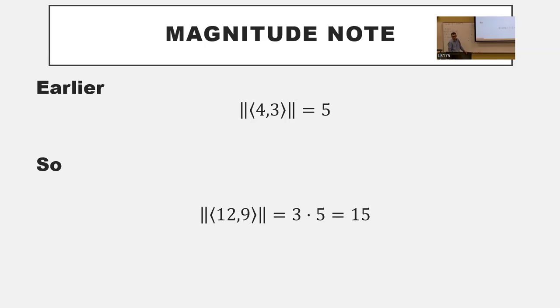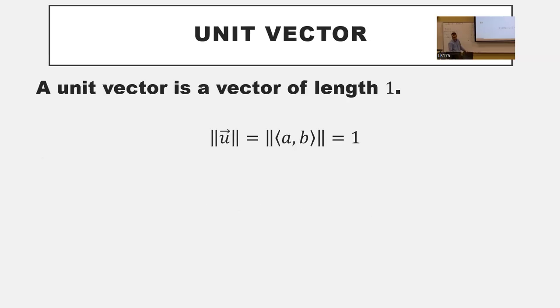Does that make sense? Since 12, 9 is 3 times that vector 4, 3, I know 12, 9 will have magnitude of 3 times 5, which is 15. And you can confirm that if you want to, by calculating.